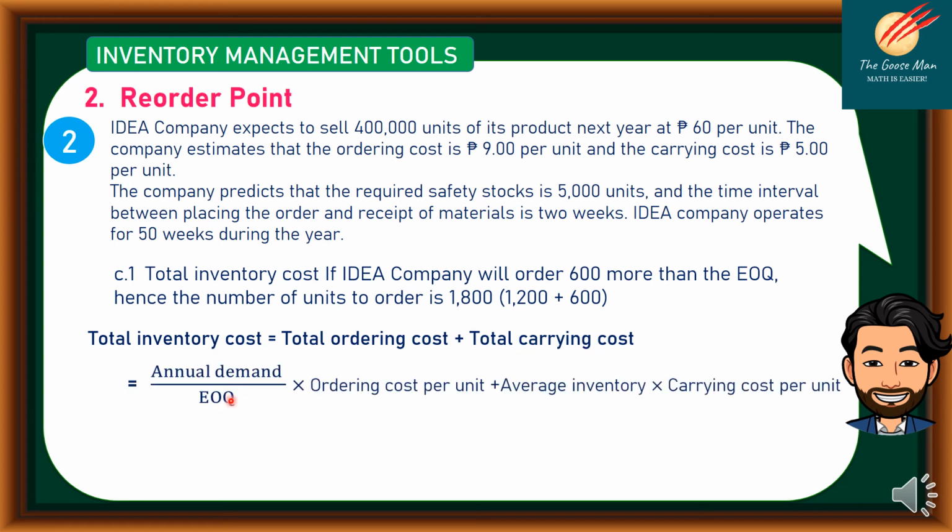So we have annual demand divided by order quantity times ordering cost, plus average inventory times carrying cost. We have 400,000 divided by 1,800, which is our order quantity now, times 9, which is our ordering cost, plus 1,800 divided by 2. Take note that the average inventory is your order quantity divided by 2, times 5. Therefore, this is equal to 6,500 as our total inventory cost.